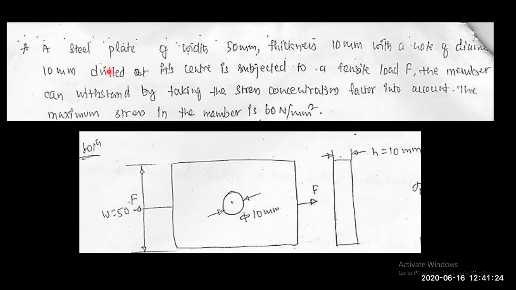So steel plate of width 50 mm, thickness 10 mm, and the hole of diameter 10 mm drilled at center, subjected to tensile load. And by taking the stress concentration factor into account, maximum stress in the member is 60 Newton per mm square.